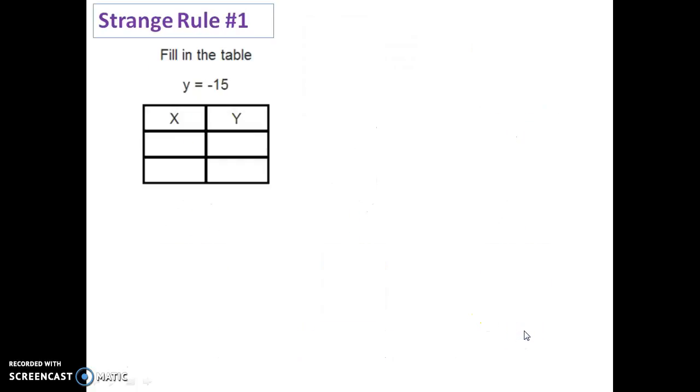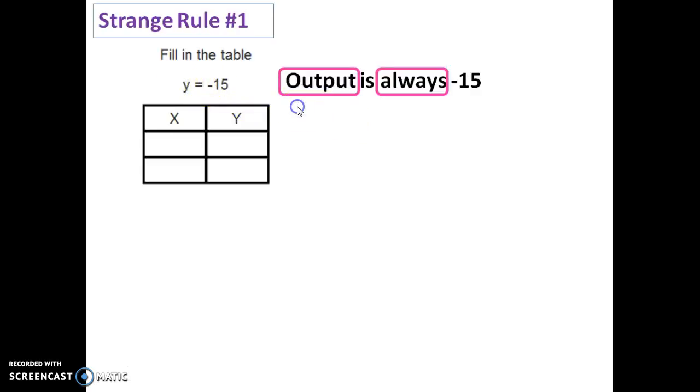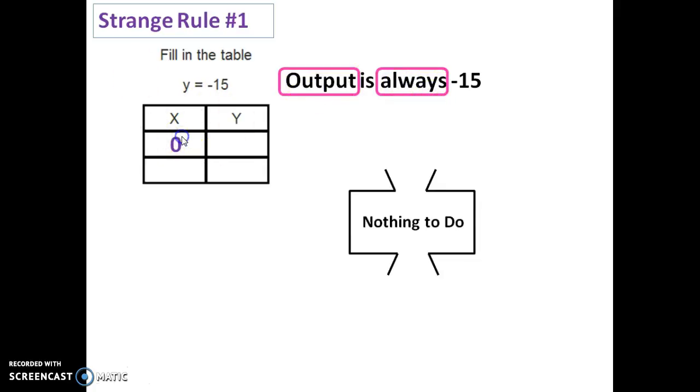So how does this really apply to math? This happens whenever we have y equals negative 15, or y equals any specific number, okay? Because y is your output, so the output is always negative 15. So no matter what you choose for x, we could put in 0, and there's nothing to do, it's just going to output negative 15.